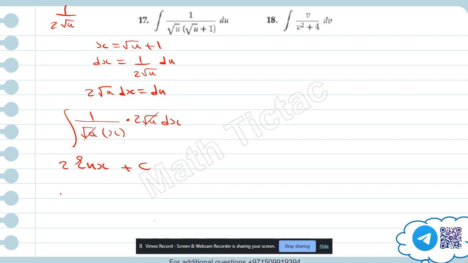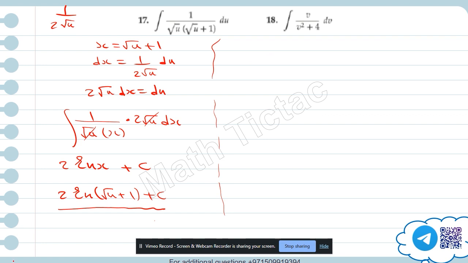Now I'll put my assumption back again, so 2 ln square root of u plus 1 plus c. Now from the properties of the ln, we can put the 2 as a power over here. So be careful from that. If you would like to simplify it more and more.